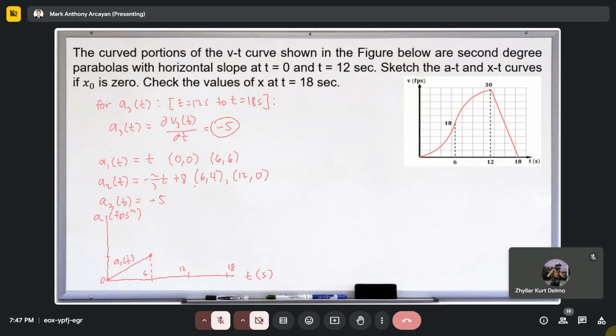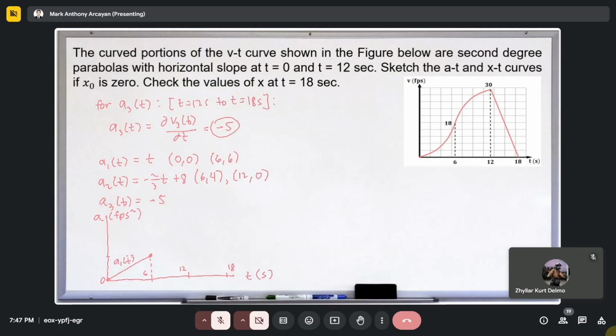Because here, class, we transition from the first parabola, which opens upward, and the second parabola opens downward. So it does not necessarily mean that the acceleration for the first should match the second. It depends on the nature of the function.